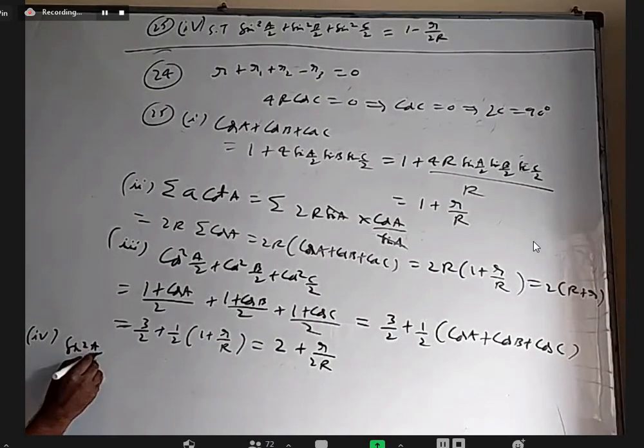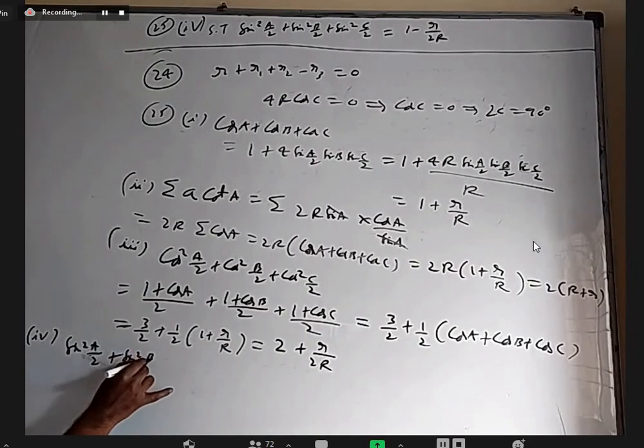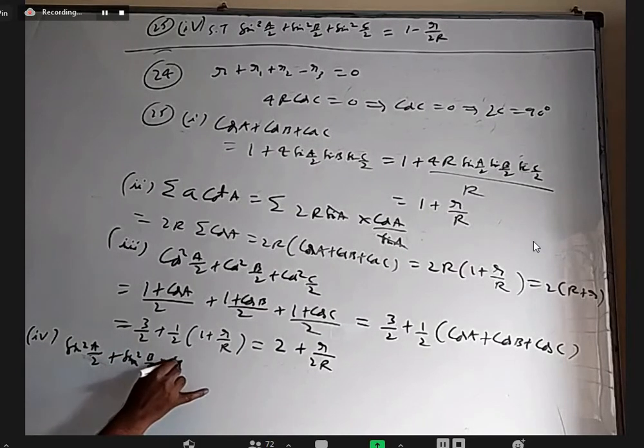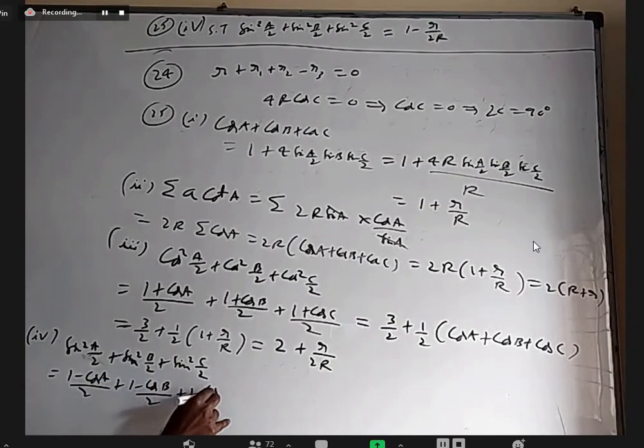Sin square A by 2 plus sin square B by 2 plus sin square C by 2. You can write 1 minus cos A by 2 plus 1 minus cos B by 2 plus 1 minus cos C by 2.